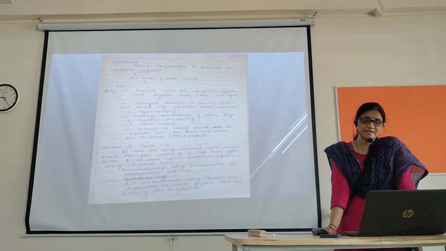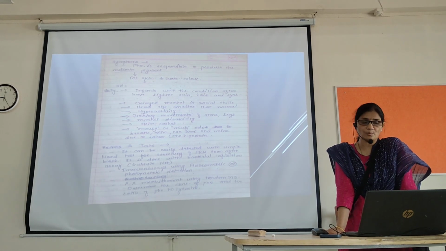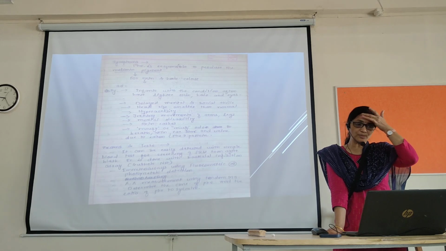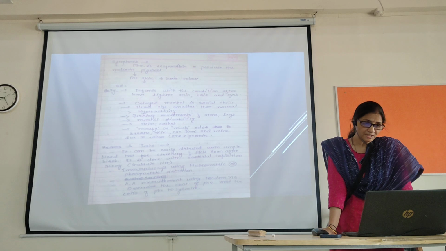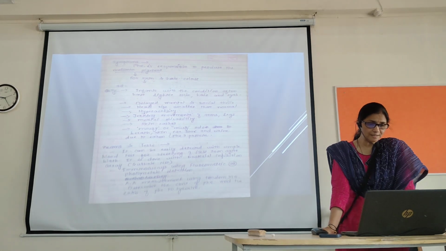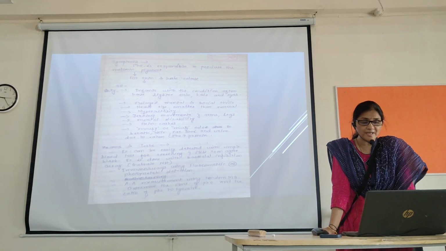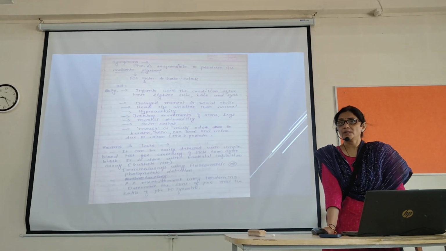This amino acid is also responsible for producing melanin pigment for skin and hair color. Symptoms seen are that infants with the condition often have lighter skin, hair and eyes.